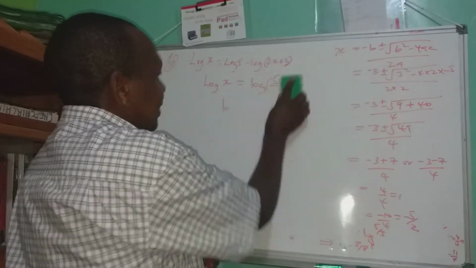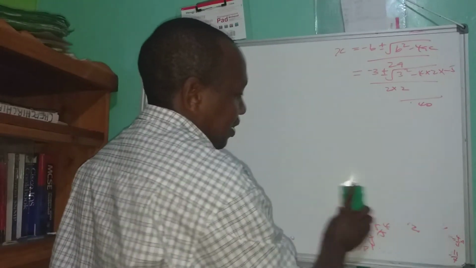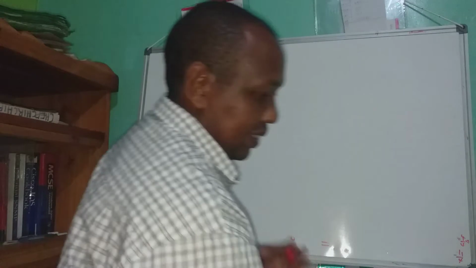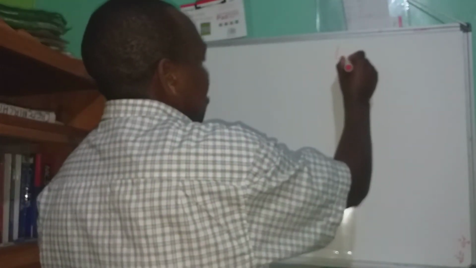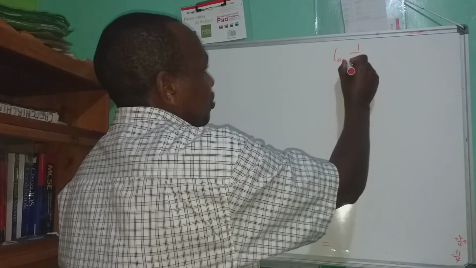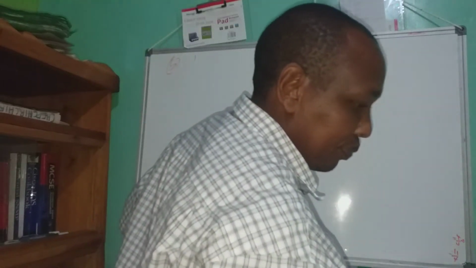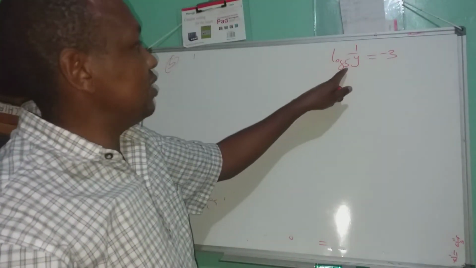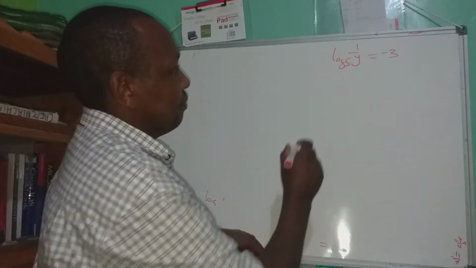We can still look at the last one for today. And this one is logarithm of 1 over y to base 5 is equals to negative 3.